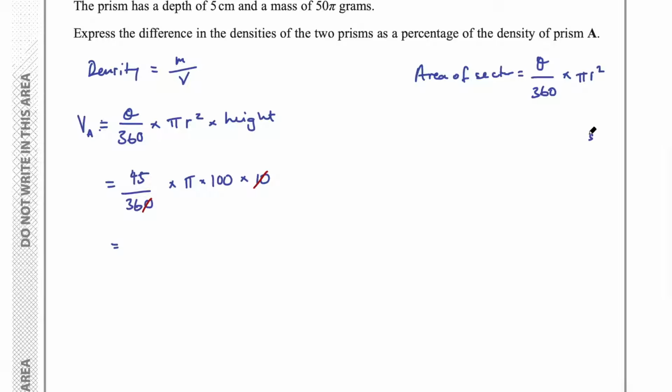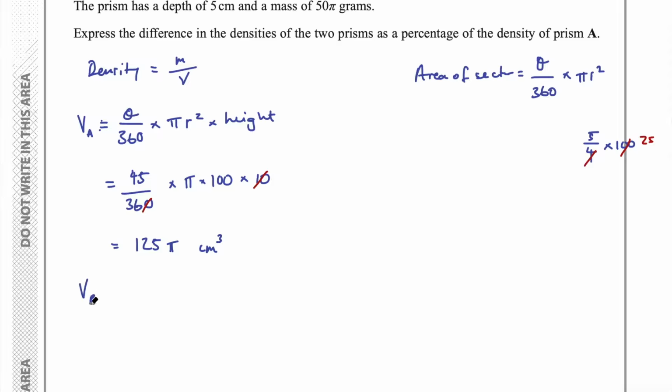So let me just do a quick note over here so you can see where I'm going with this. Now 100 divided by 4, that's 25. So this would cancel to 25, cancelling with that 4. So then I'd just be left with 5 times 25, which would be 125 pi. And that's centimeters cubed. Okay, so that's the volume of A.